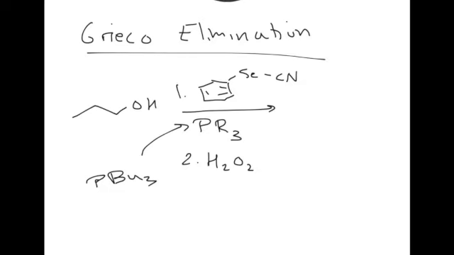So usually hydrogen peroxide, and then you'll have a base. So they use sodium hydrogen carbonate, but you could use sodium bicarb, you could use a potassium salt, but you just need something to basically help keep it basic, and that is going to give you a double bond.